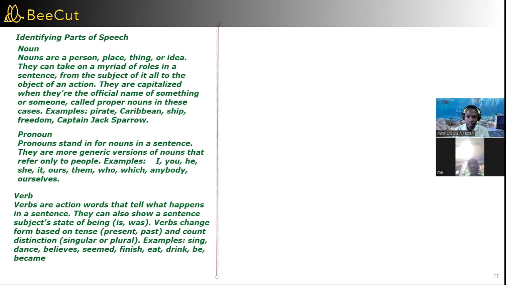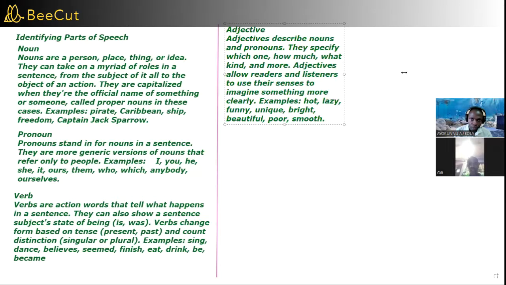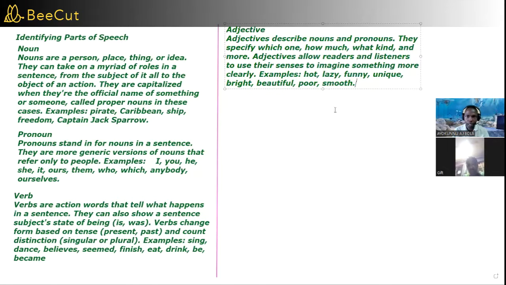Adjective. From previous lessons, adjectives are words that describe nouns, tell us more about nouns. So adjectives describe nouns and pronouns. They specify which one you are referring to, how much you are talking about, what kind you are saying, and much more. So adjectives allow readers and listeners to use their senses to imagine something more clearly.